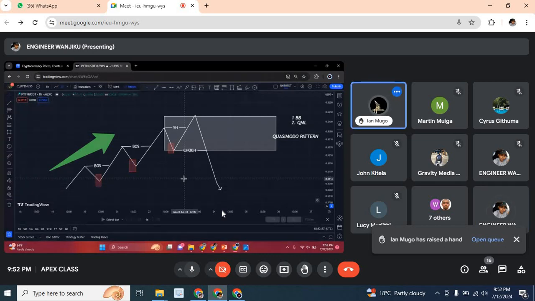Bullish order block. Yes. So all of these are bullish order blocks. So we have a bullish order block from this zone, a bullish order block from this zone, and also a bullish order block from this zone.